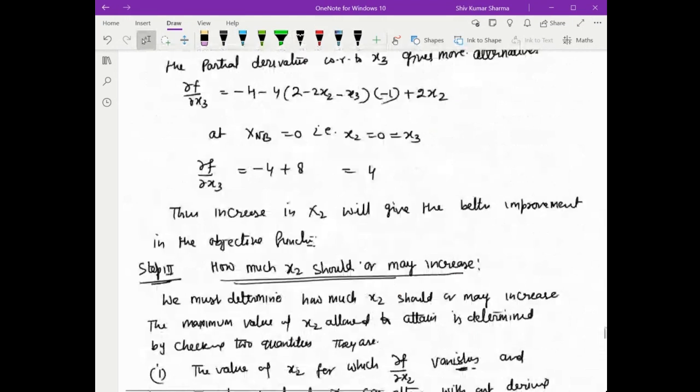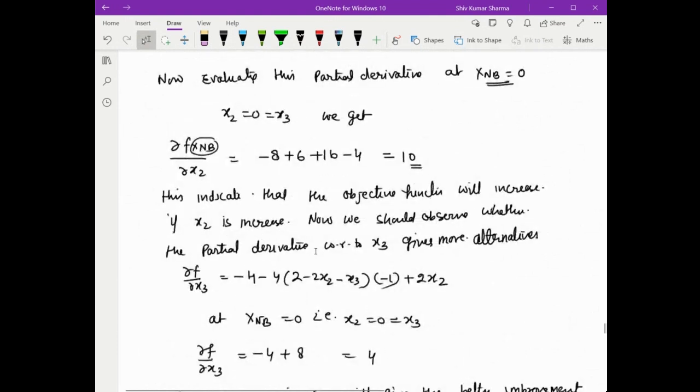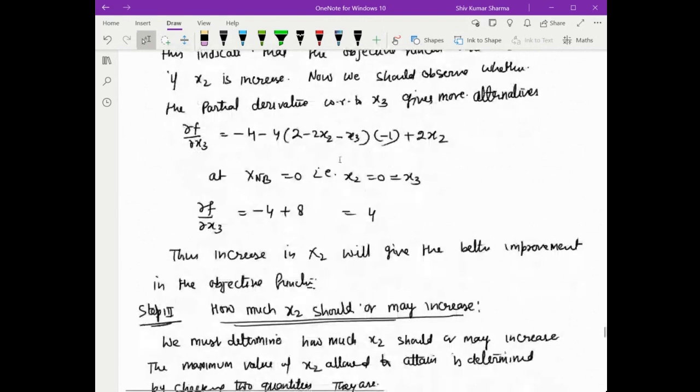Same as we wrote here, x2 gave a better improvement of the objective function because del f upon del x2 gave the value 10 and del f upon del x3 gave the value 4. That means the maximum value. We consider the first derivative that gives the maximum value, and on that basis we select this.